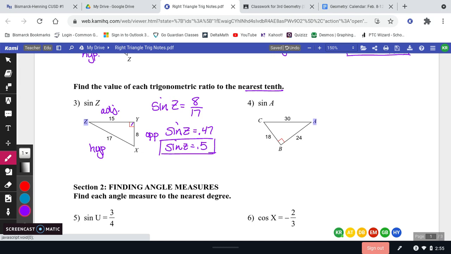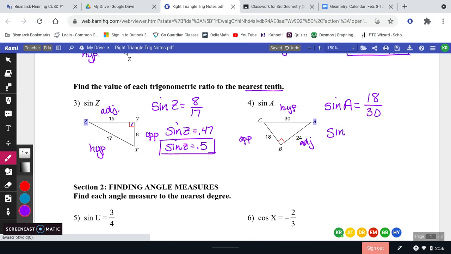This one's also a sine, sine of A. This time A is over here to the right. So from A's perspective, across from the right angle, there's your hypotenuse. Across from angle A is your opposite side. Next to angle A is your adjacent side. So sine of angle A is the opposite side, which is 18, divided by the hypotenuse, that is 30.